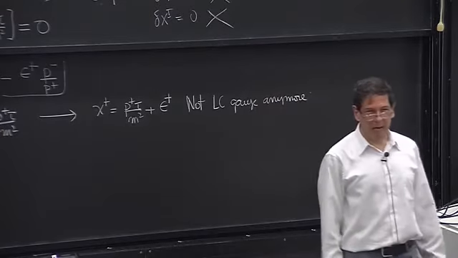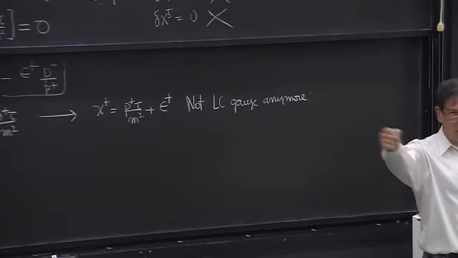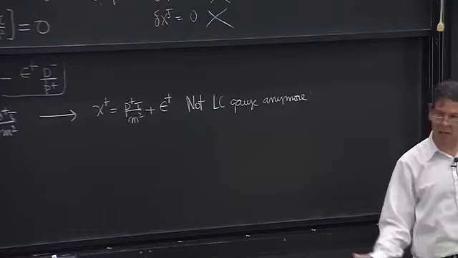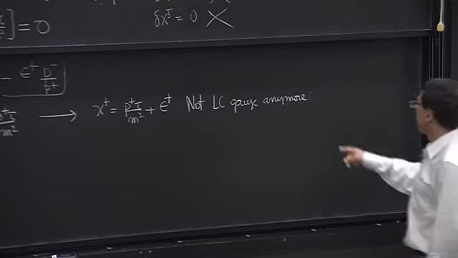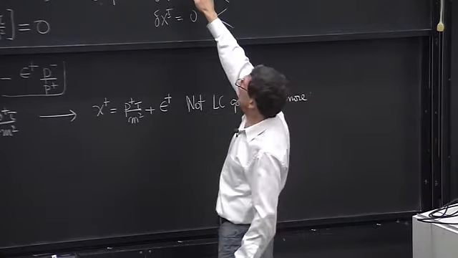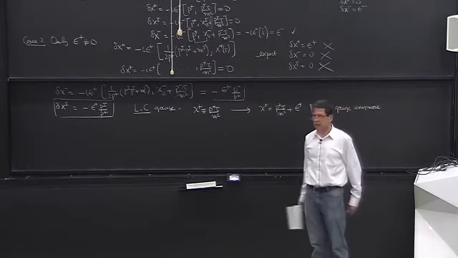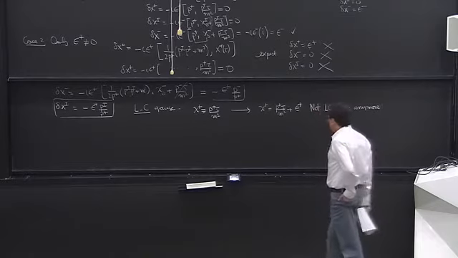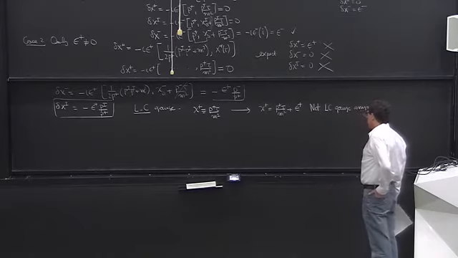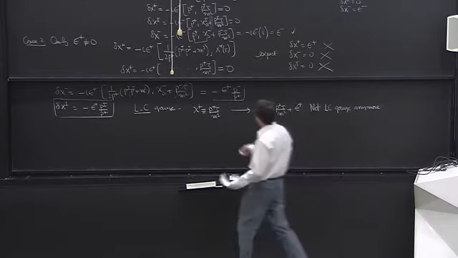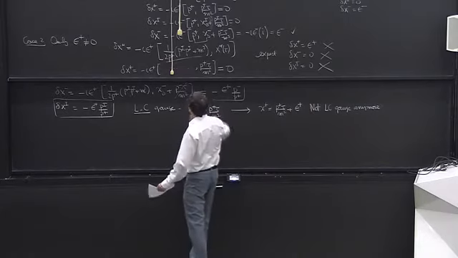So the theory actually refused to get you out of the gauge, because you quantized in that gauge and the theory doesn't want to get out of it. If you had obtained this, you would not be in the light-cone gauge anymore and it would be totally unclear what you're doing. So what did the theory do? What did this translation operator P minus actually do? Because the translation operator now is P minus.